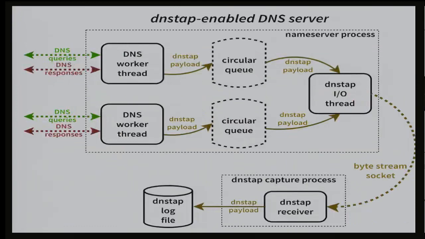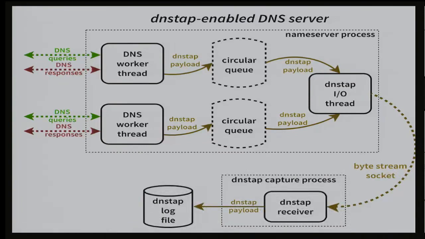Here's the architectural overview of a dnstap-enabled DNS server. You have this top block with the dotted lines around it. That's the DNS name server process actually running on your hardware, and it's got these red and green arrows.